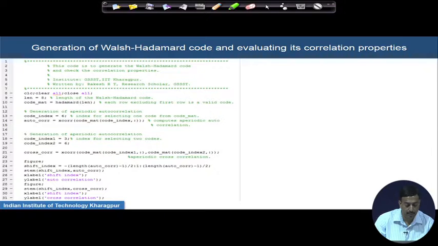For example, in this case we have set the code index to 6, which means I will be choosing the 6th row of the Hadamard matrix in order to plot either my autocorrelation or my cross correlation, as the case is.